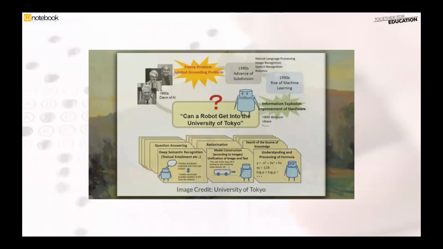So taking the Jeopardy challenge as an example, here's a typical Jeopardy question. Interestingly, a Jeopardy question always ends with this something: this planet, this country, this rock musician, and so on. In other words, Jeopardy doesn't ask many different types of questions, but a single type, which we call factoid questions.